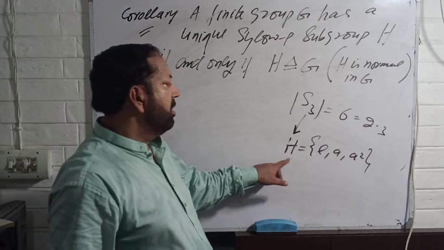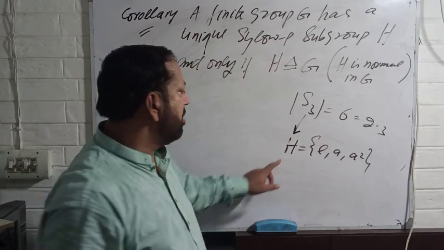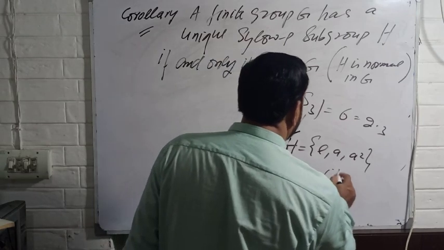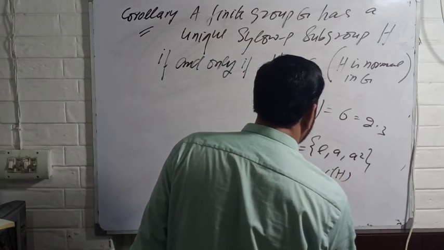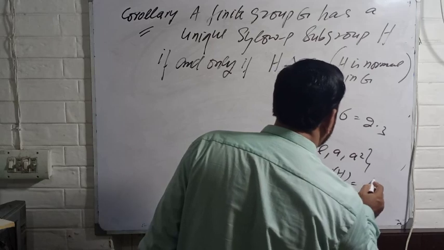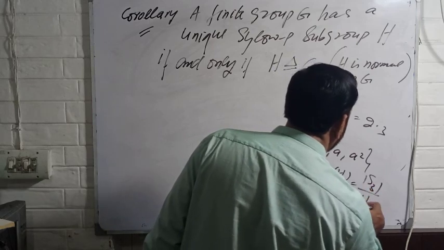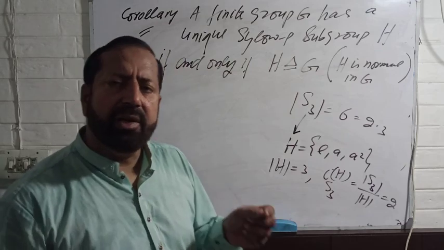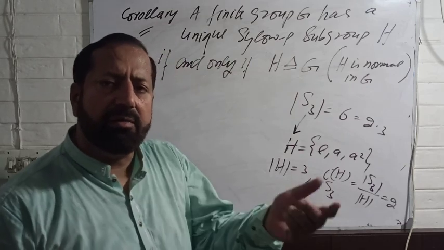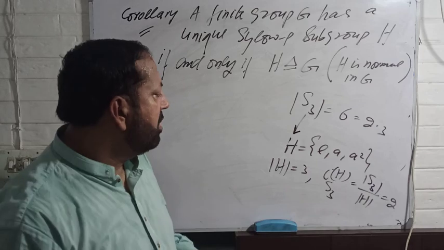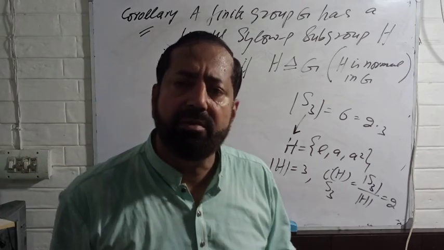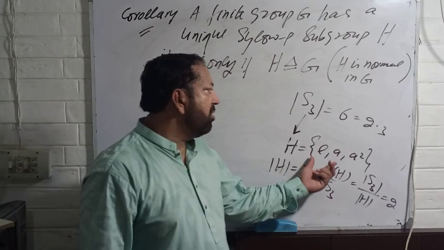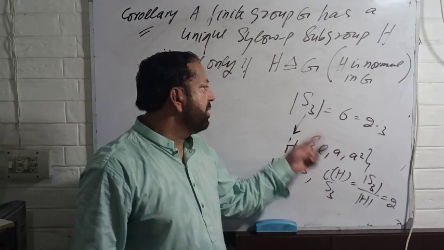The order of H is equal to 3, and the index of H in S3 is equal to order of S3 by order of H, which is equal to 2. And you know that every subgroup of index 2 is normal. We have learnt in our previous classes in group theory that if you have a subgroup of index 2, then that subgroup is in fact normal. Also, it is well known that this is the only normal subgroup in S3.